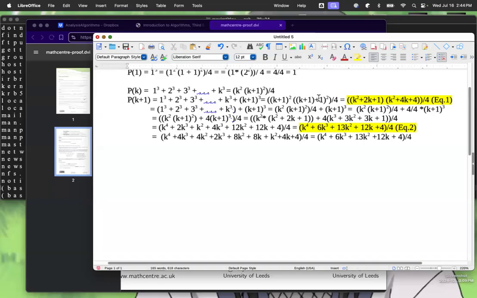You took this and substituted k plus 1, right? Over here, we then found our polynomial. But then we also did the part where we took the k squared times k plus 1 over 4, and then added k plus 1 cubed to it, and then got this guy right here, okay? And then we multiplied that out, and then went on to get our next equation.